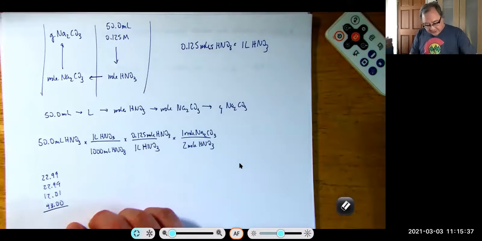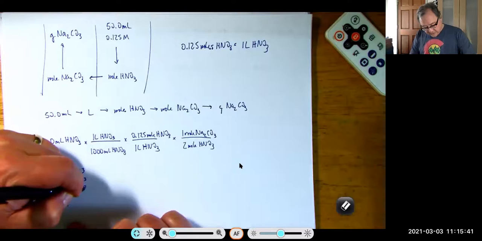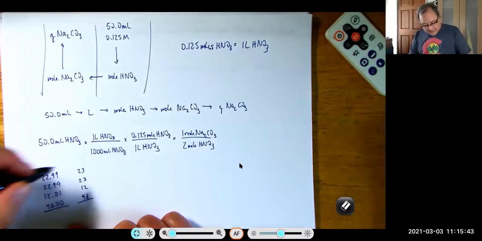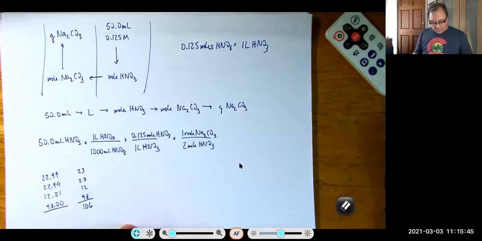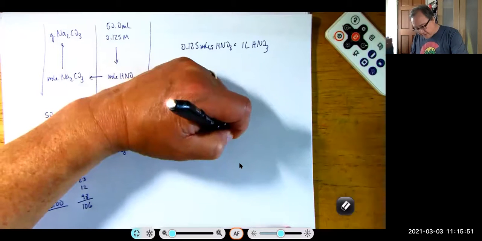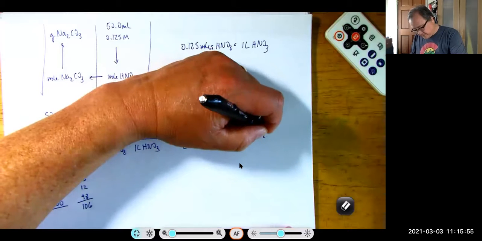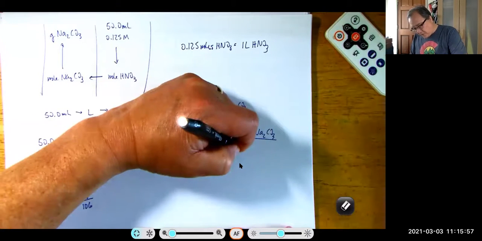You can see that this really is close to, what is that, 106. Really close. Not quite. So 105.99 grams per 1 mole.